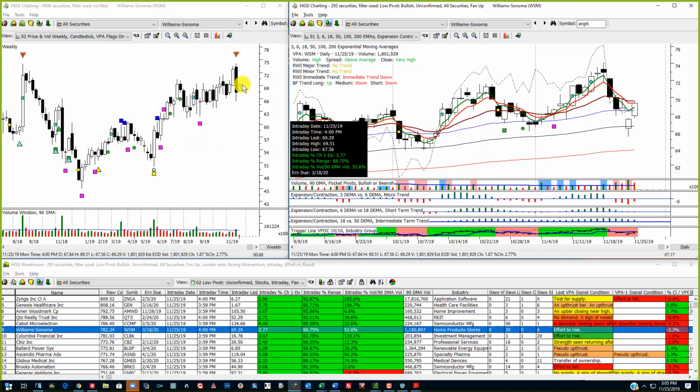Now this is a weekly chart, Williams-Sonoma, which is trending up. It's been a little loose, but it certainly has held up, and I consider this weekly chart to be in an uptrend. What do we have here today? Here's your action on Friday.